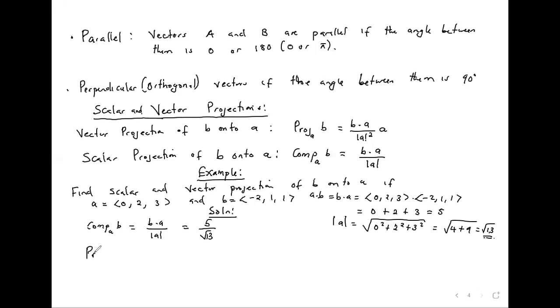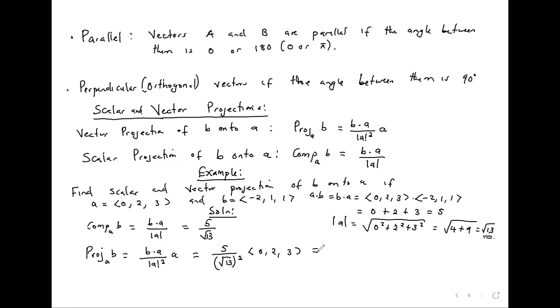But the projection of B onto A is given by B dot A over magnitude of A squared, which is going to be 5 as the dot product over root 13 squared multiplied by A, which is 0, 2, 3.